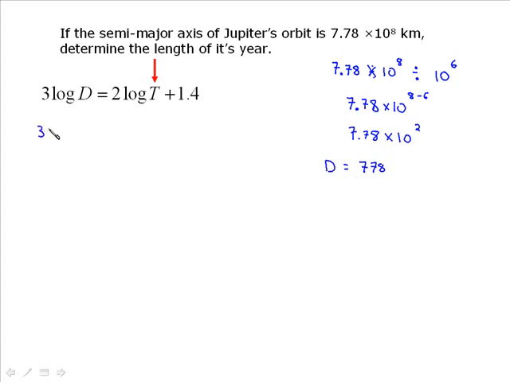So I put this in. I go 3 log of 778 is equal to 2 log t plus 1.4. Then you subtract 1.4. So 3 log 778 minus 1.4 is equal to 2 log t.